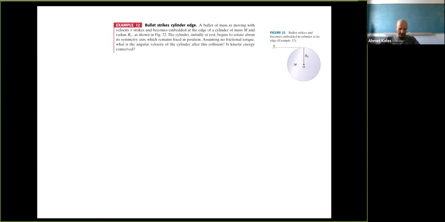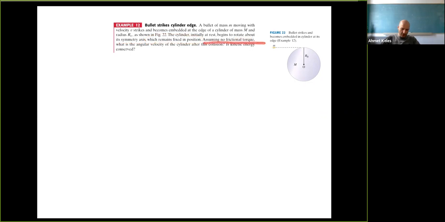Here's another example. A bullet of mass m moving with velocity v strikes and becomes embedded at the edge of a cylinder of mass M and radius r naught, as shown in this figure. The cylinder, initially at rest, begins to rotate about its symmetry axis, which remains fixed in position.